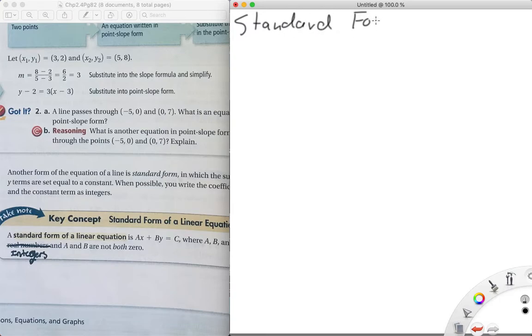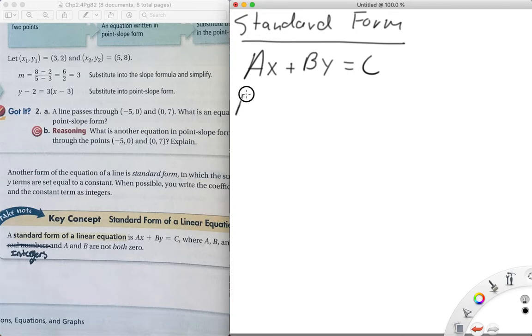The conditions of standard form: standard form is in the form ax plus by equals c. Here's the first condition. A can be 0, and B can be 0.